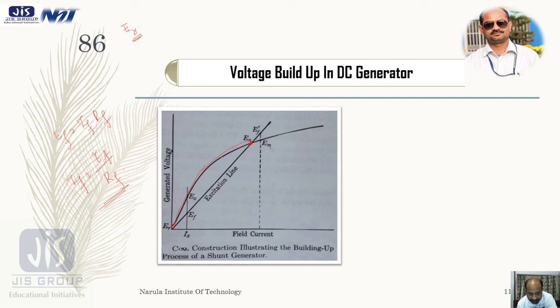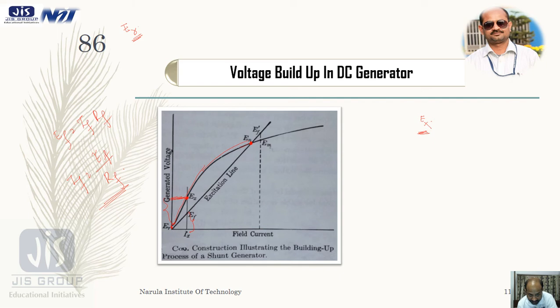Suppose I have taken at this point an instantaneous value EX impressed on the field. EF is this amount of voltage. At this particular point, the impressed voltage in the field is EX.